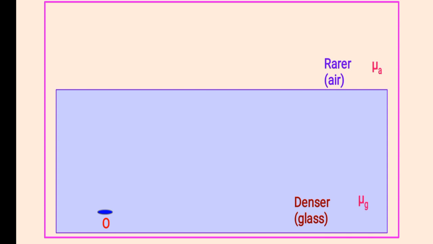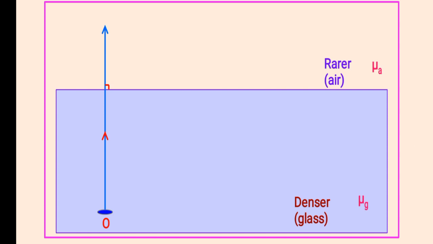If the incident ray from the object travels from denser to rarer medium with an angle of incidence of 0 degrees, at that time the angle of refraction is also 0 degrees. You may check this with the normal line, the perpendicular symbol at the interface of denser medium and rarer medium.